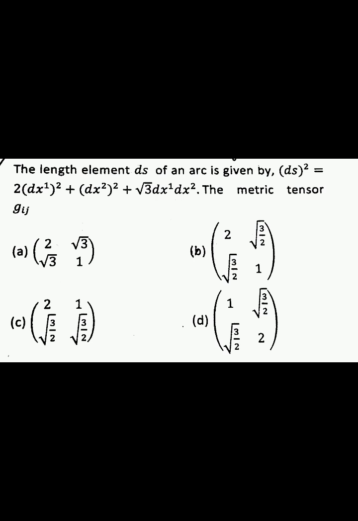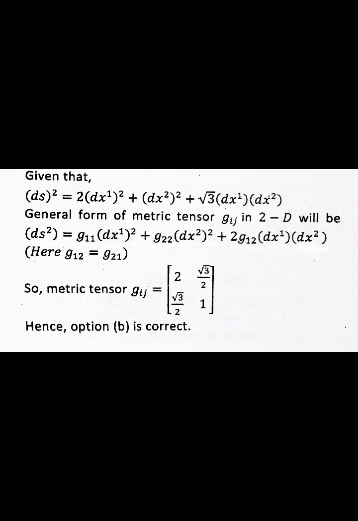The next question is, the length element ds of an arc is given by ds square is equal to 2 dx1 the whole square plus dx2 the whole square plus square root 3 dx1 dx2. The metric tensor Gij is equal to dash. Here it is given that ds square is equal to 2 dx1 the whole square plus dx2 the whole square plus root 3 dx1 dx2.